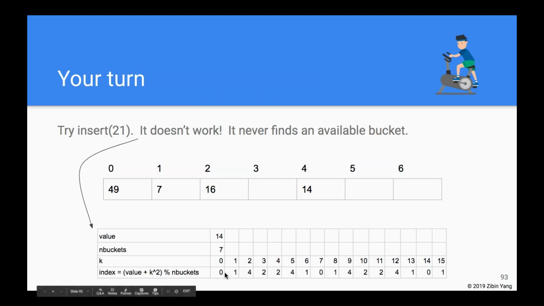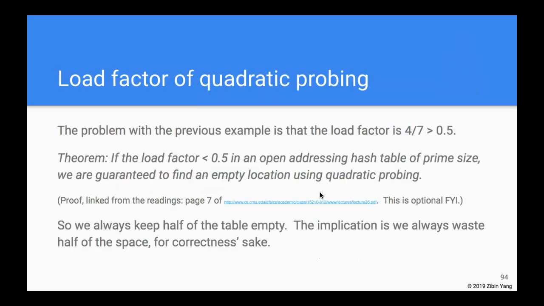The bucket index cycles between 0, 1, 2, and 4, and they are all occupied. So what actually happened here? Well, the problem is the load factor. The load factor in this case is 4/7, and that happens to be greater than 0.5.